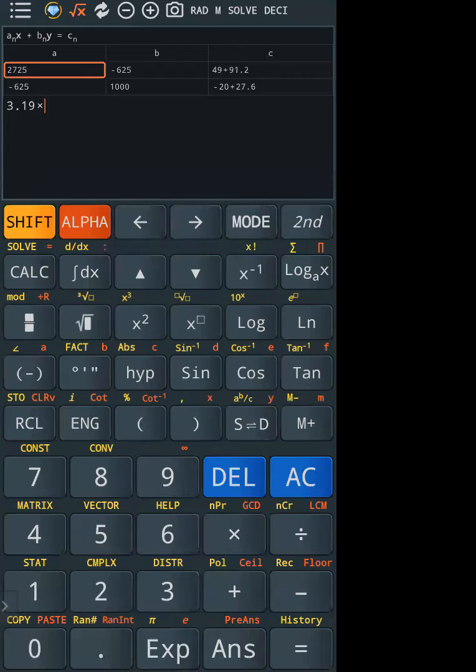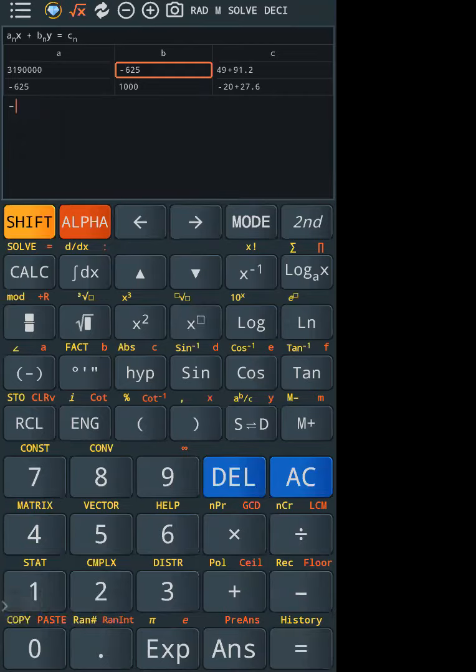3.19 into 10 raised to power 6, right? 3.19 into 10 raised to power 6.